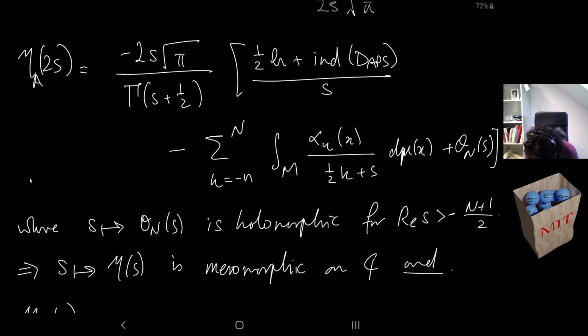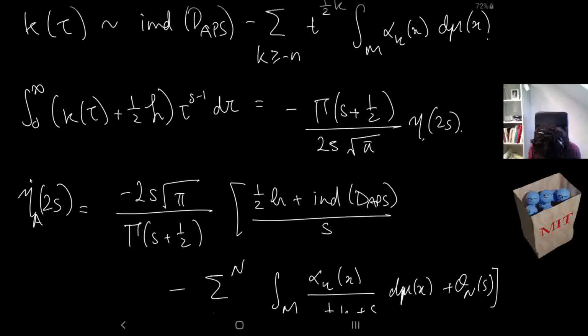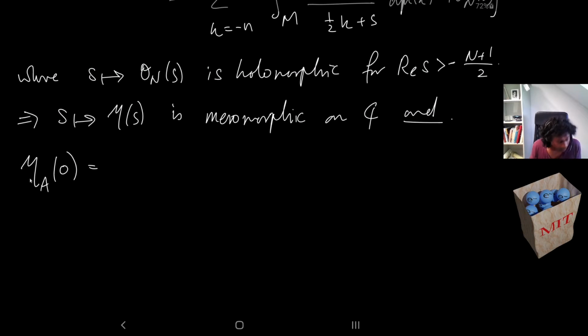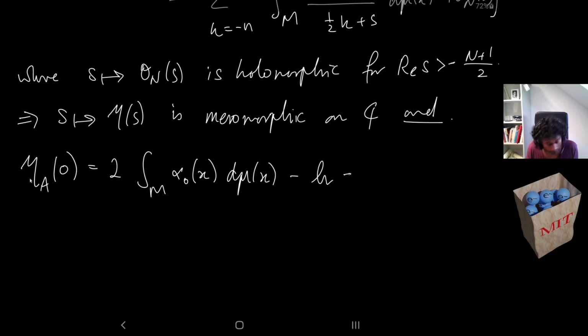So this is going to be twice this integral of just the 0th term in this heat kernel expansion, d mu x, minus h plus 2 index D APS. Okay?